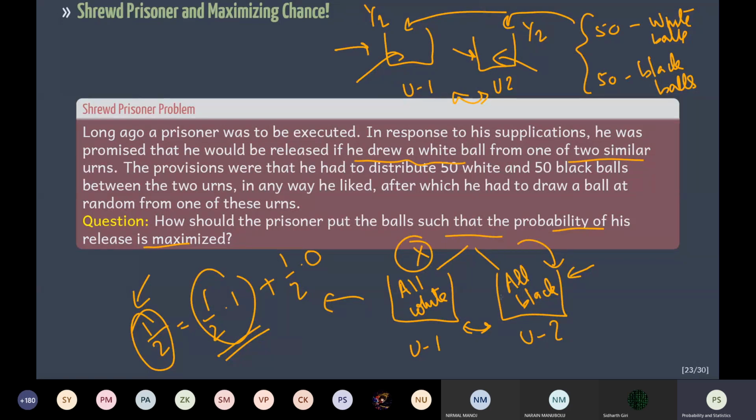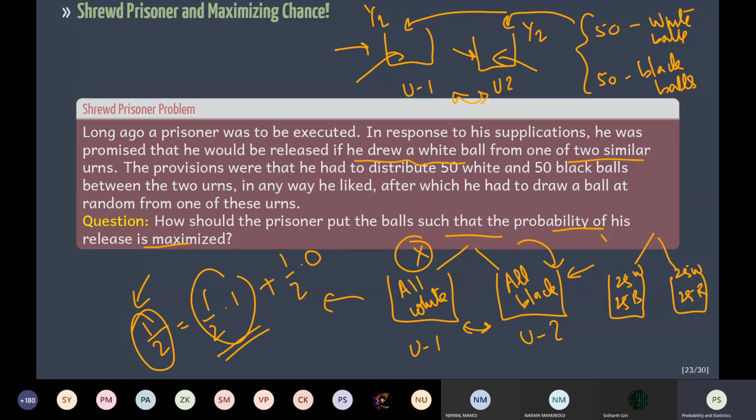Another possibility you may think of, though these are trivial possibilities, and I'm asking for a solution where it is the best: let us say you have 25 whites and 25 blacks in each urn. Now you apply the choice tree.